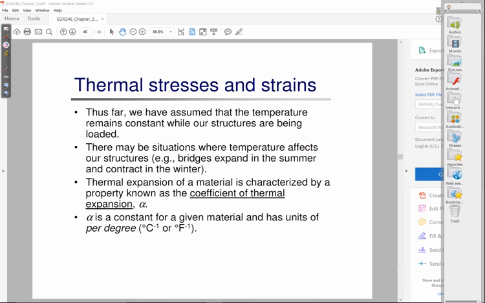So if you look at the typical values for coefficient of thermal expansion, they're very small. Materials do not expand all that much with 1 degree of temperature change. In fact, it's almost nothing. You need very large temperature changes on the order of 100, 200 degrees Celsius to get any noticeable amount of expansion or contraction. But every material has a coefficient of thermal expansion that you can look up in the materials properties tables.